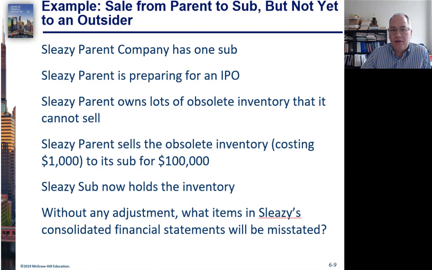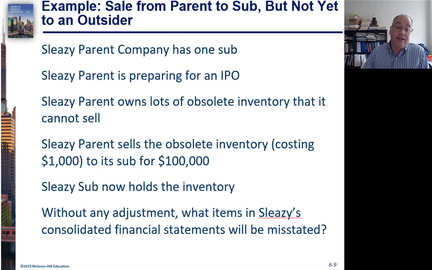Sleazy parent has a sub and is preparing for an initial public offering. And sleazy parent also happens to own a lot of old inventory that it can't get rid of. The inventory is on the books for $1,000. It sells the inventory to the sub for $100,000, booking a $99,000 gross profit.